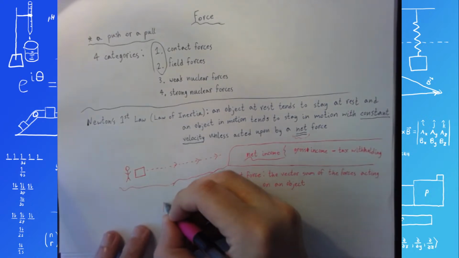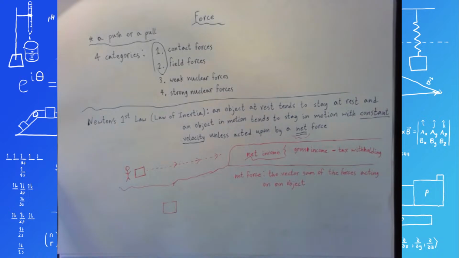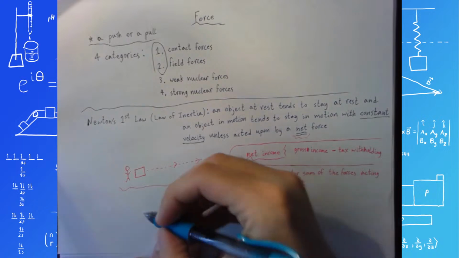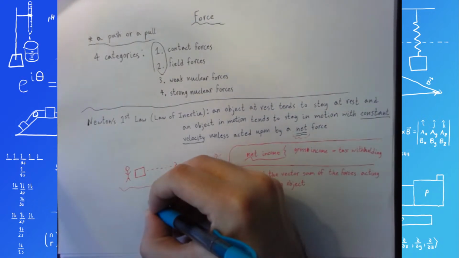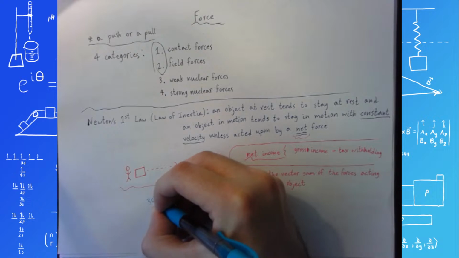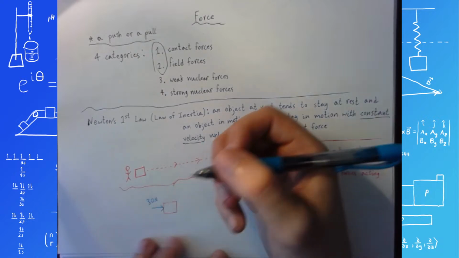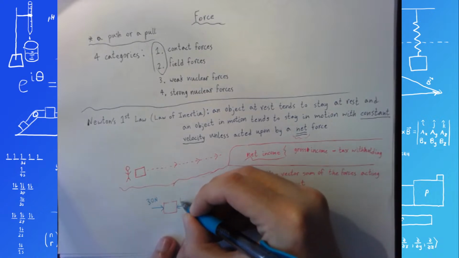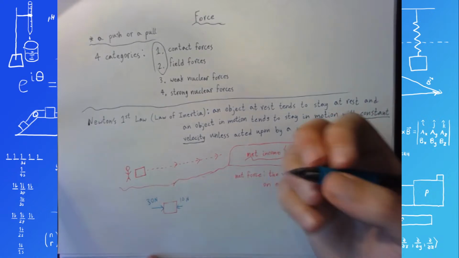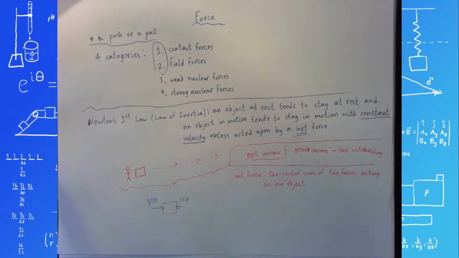If I have a box and I have one person pushing on it with a force of, let's say, 30 newtons, and we'll talk about what newtons are later, and I have another person on the other side pushing on it with a force of 10 newtons, what's the net force on this box? Well, the net force would just be 20.